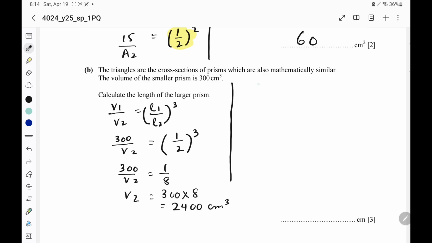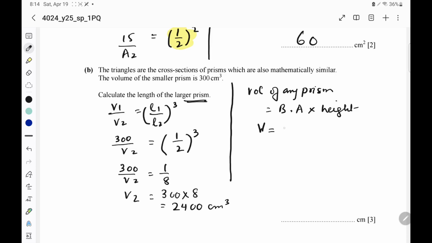Now it's very easy to find the length. The volume of any prism is equal to base area multiplied by the height of the prism, or here they use the word length. For the bigger one they ask you the length of the larger one.